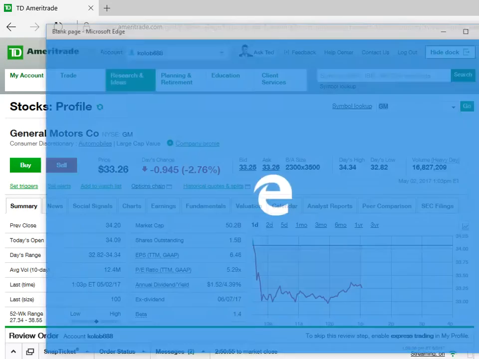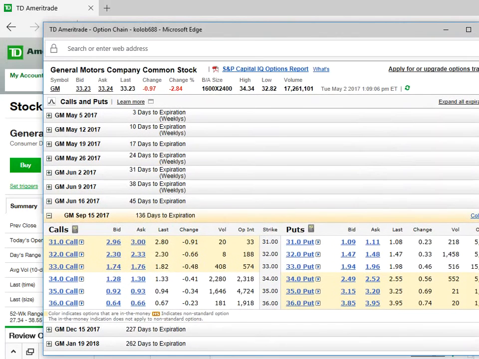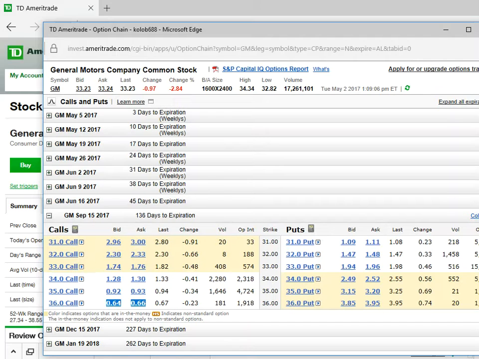Then you are going to wait out the duration of this 136 days. And so in 4.5 months, if the price of General Motors is at $36 or lower, then you collect this 60 whatever dollars that you made, and you call it a day.